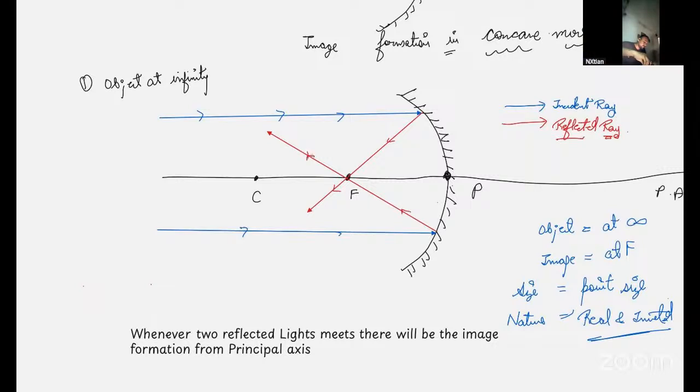That is why it is real and inverted. So what did you write? Image is at focus. At F. Guys, did you understand? If you have any doubt, please ask me.